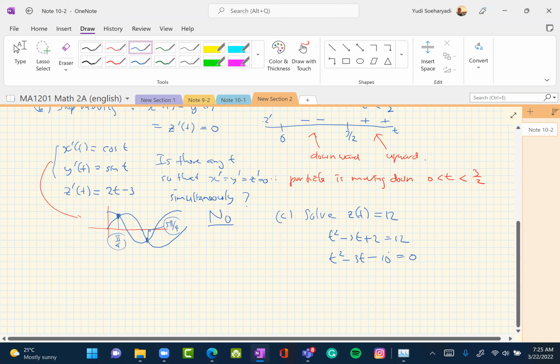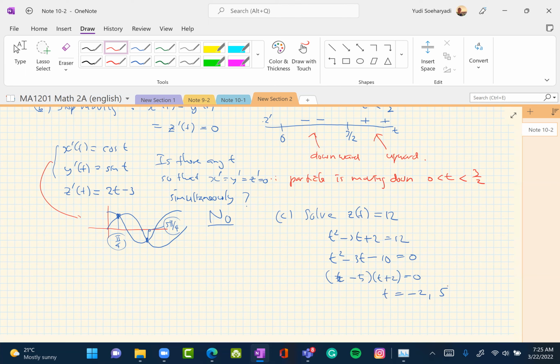All right, but we can still do factorization here. So this is (t minus 5)(t plus 2), I guess. Okay, so t equals negative 2 and 5.